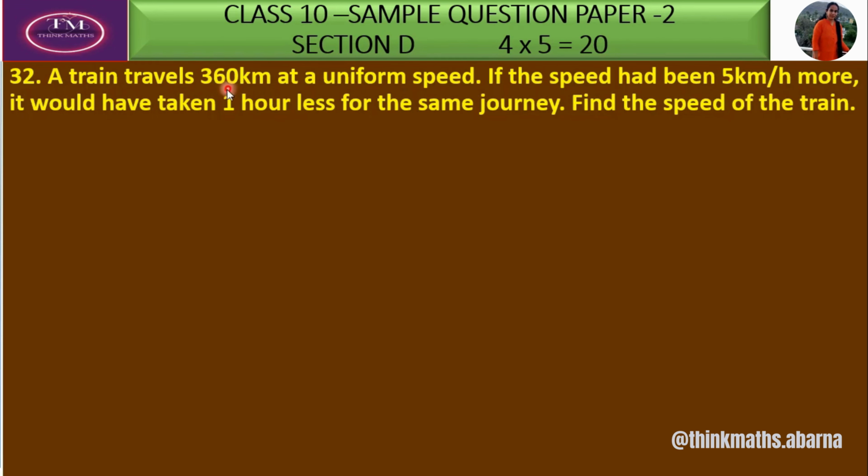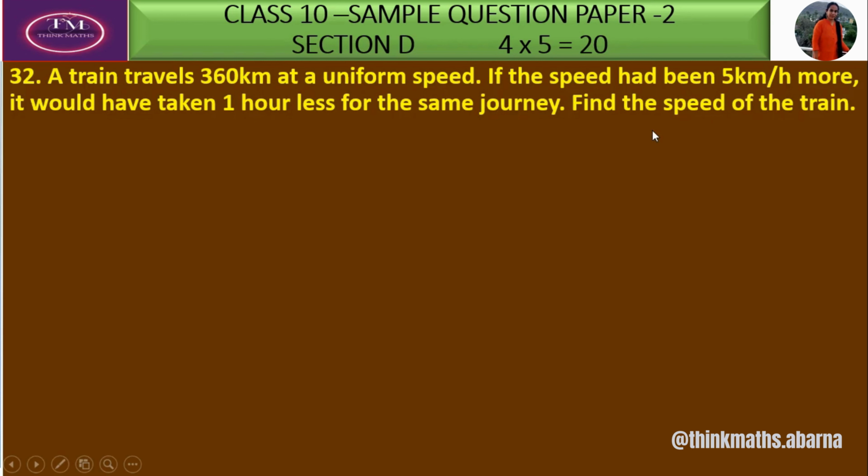The train travels 360 kilometers, which is the distance. If the speed is increased by 5 kilometers per hour, the time taken is 1 hour less than the usual time. Then we have to find the speed of the train.